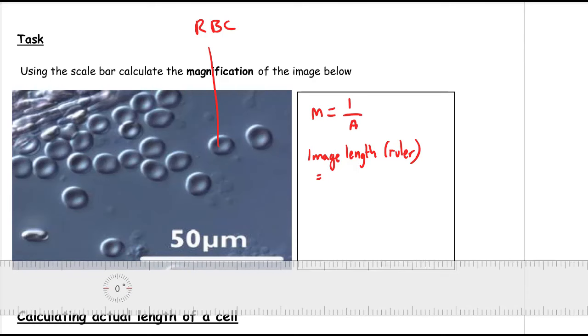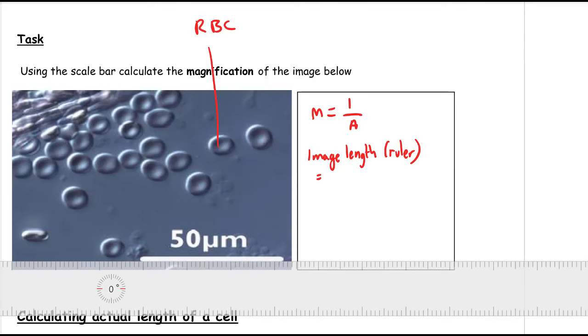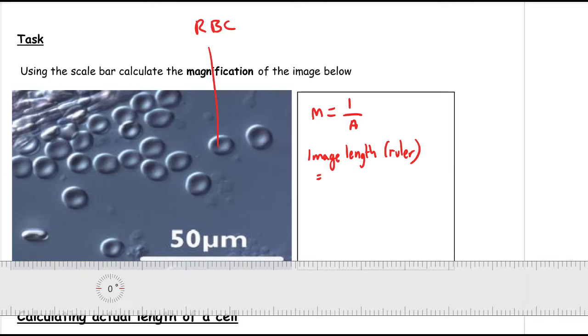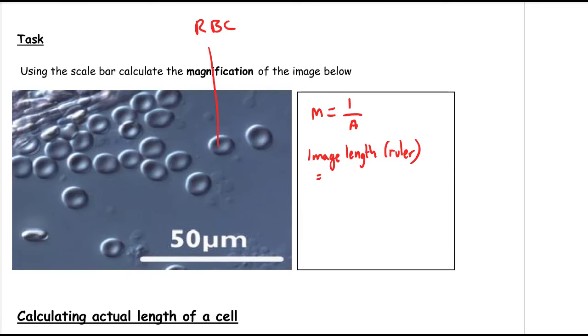Now obviously I'm just showing you what this is here, and I can't really show you exactly what length it is because this isn't a ruler in millimeters, it's just on the computer. So in real life, on a piece of paper, the length of the scale bar is 53 millimeters. You then need to convert that to micrometers, which is 53,000 micrometers.